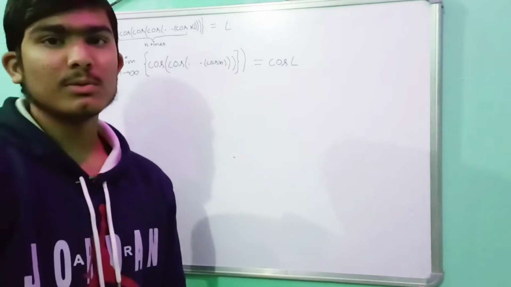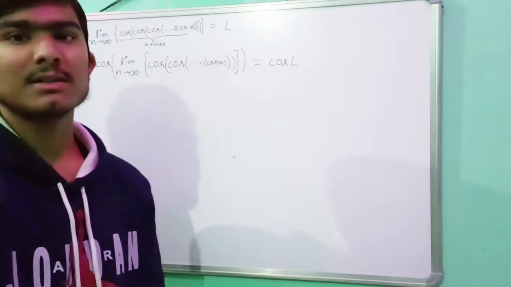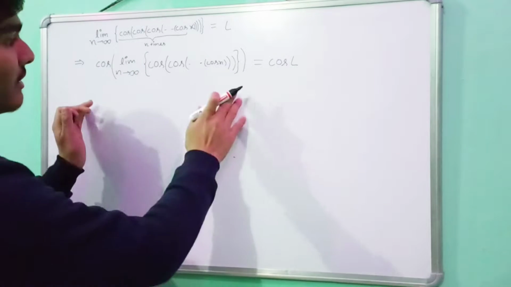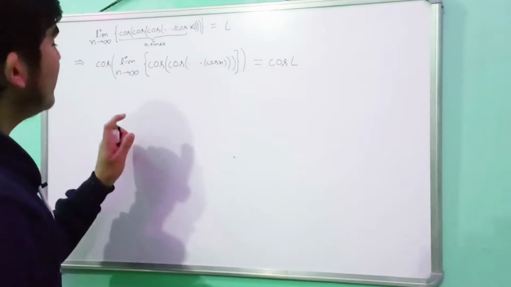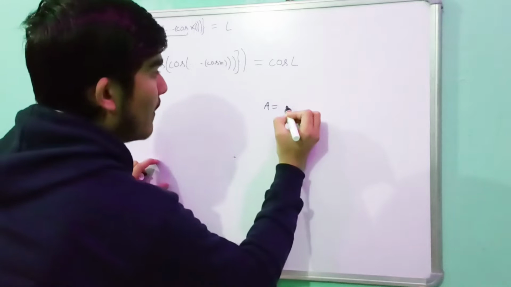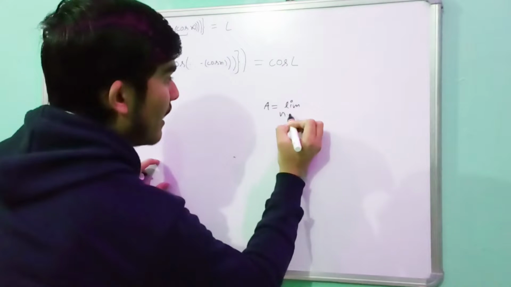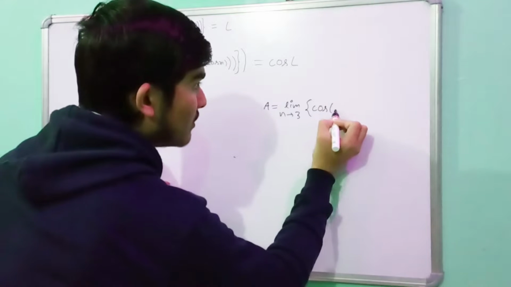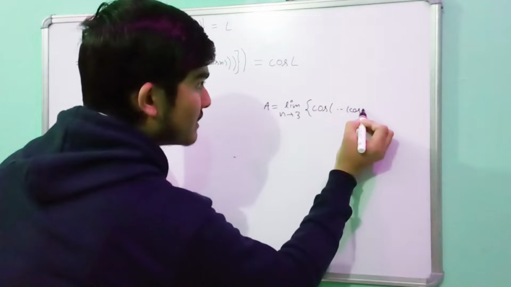Now I would like to deviate from this problem itself to help you understand what will come after this step. Let us assume a limit A as the limit as n goes to 3 of cos x.